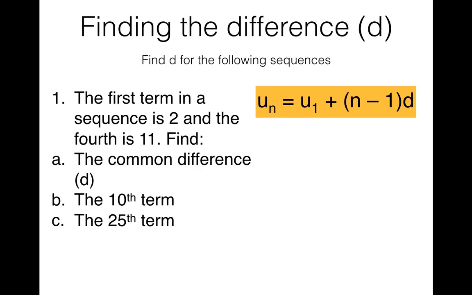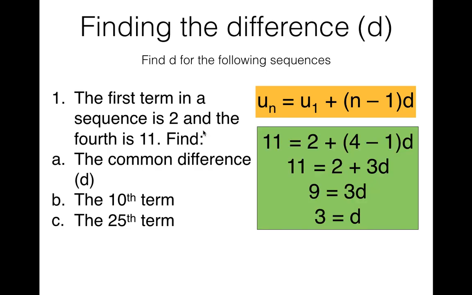Okay, let's have a look at the answers then. I've kept the equation up here so you can keep referring back to it. So finding the common difference. In this case you could use the first term, but it's actually easier to use the fourth term. So we know that the fourth term is 11, so I've substituted in the value of the fourth term here as 11.